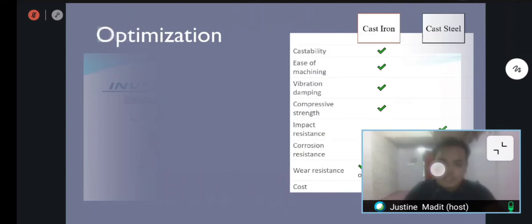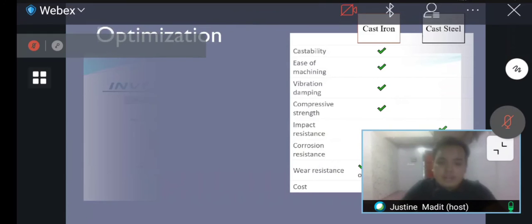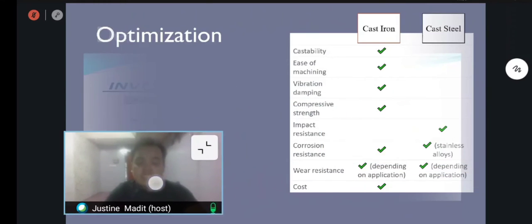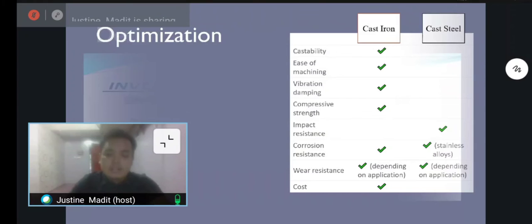But yeah, it's not that great, and vibranium is not a real thing for now. The compressive strength of iron is better, but the impact resistance of cast steel is better compared to cast iron. The cast stainless steel is better in impact resistance compared to cast iron.